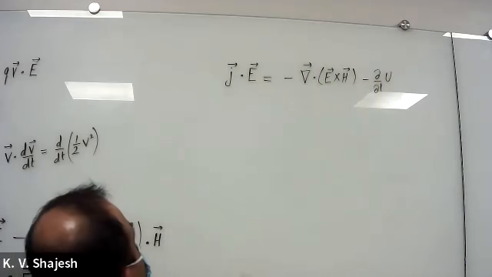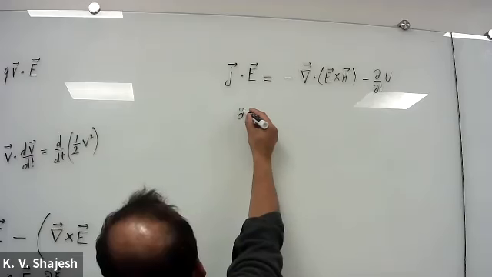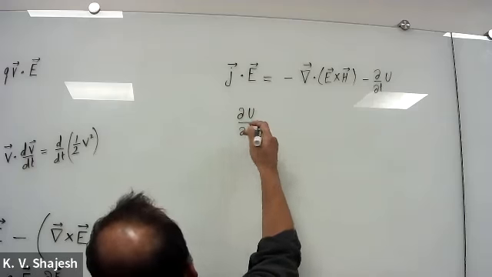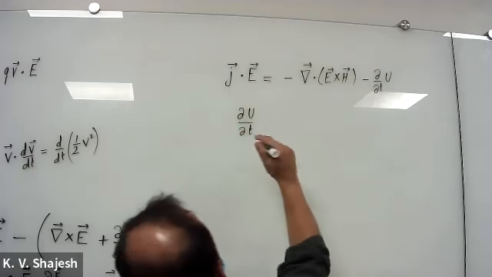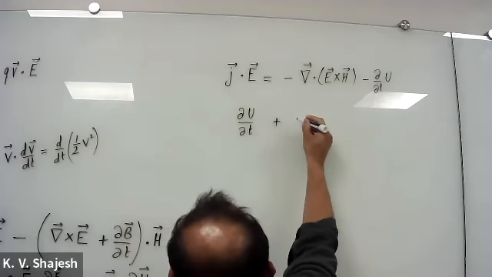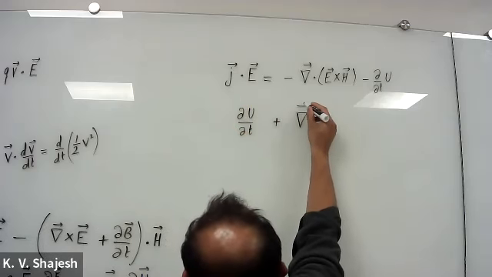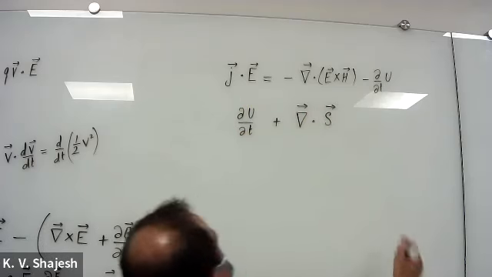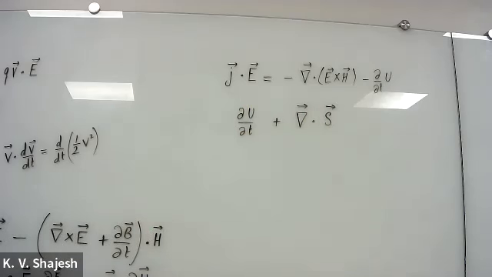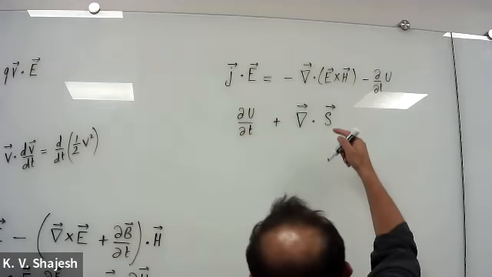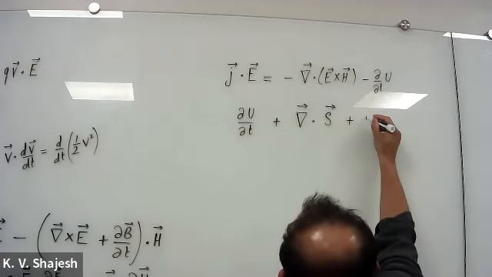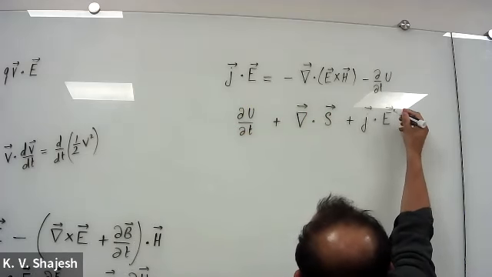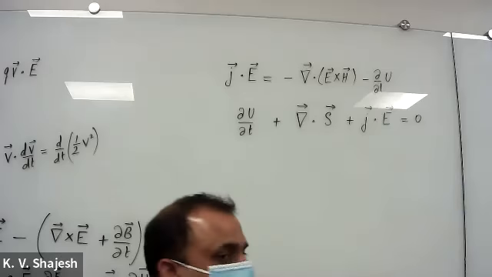So we have a statement here, write it in the continuity equation kind of expression. Change in some quantity, here energy density, plus divergence of, this time let me call it S, just because there's another S we used earlier, but that was a scalar, plus J dotted with E is equal to 0.